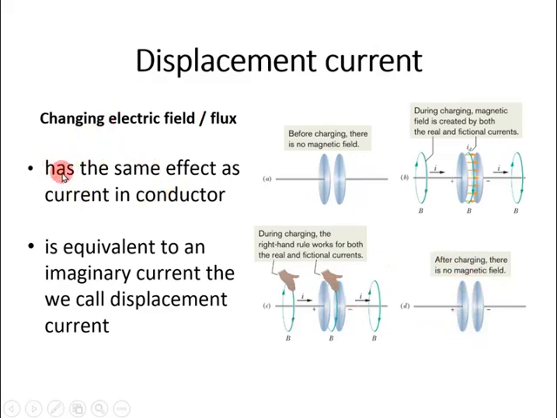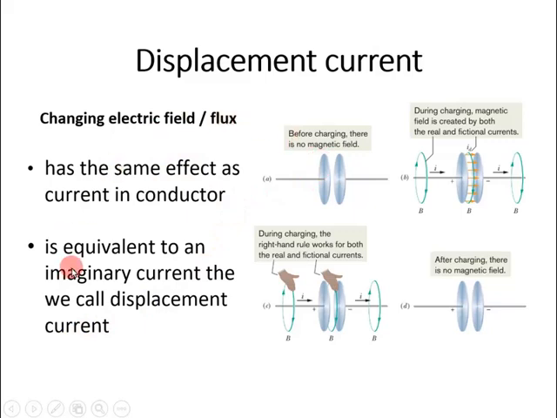All that it means is that changing electric field or electric flux has the same effect as current in a conductor. And the same changing electric field is equivalent to an imaginary current that we are calling the displacement current.